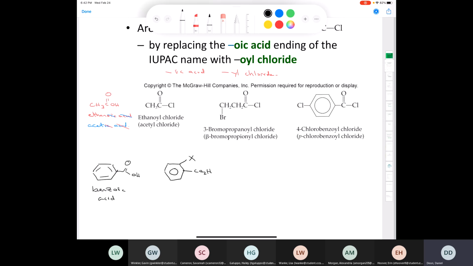If I have it right next to the carboxyl group like this, it is called ortho substitution. If I have it one carbon away, I call this meta. And if I have the substituent like this, then it's called para substitution.